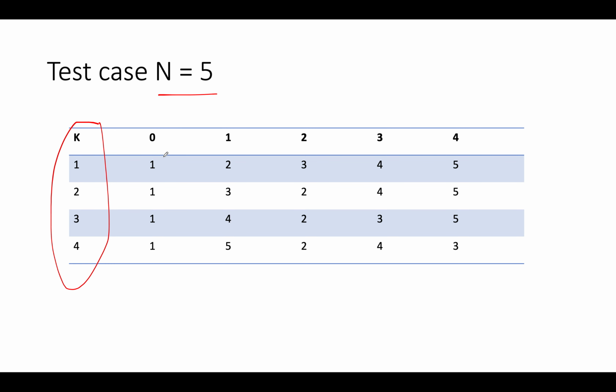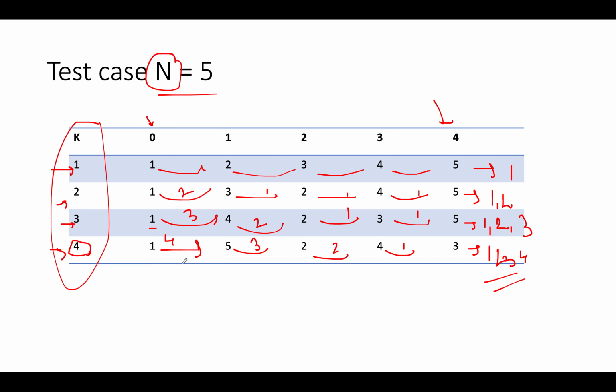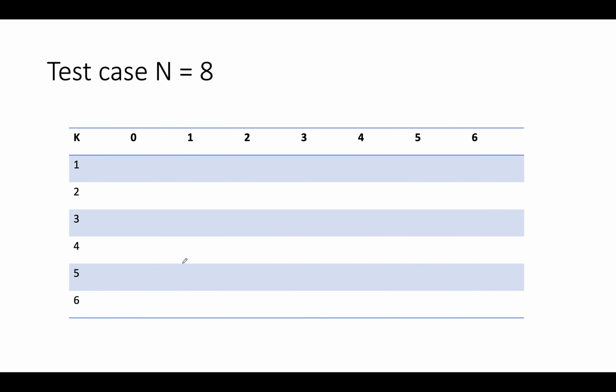So if you try to analyze, there's a pattern that is coming from the question itself, and let's talk about that pattern in a slightly bigger example. So now I have taken n equals 7 and k equals 1, 2, 3, 4, 5, 6. So the first case would be k equals 1.